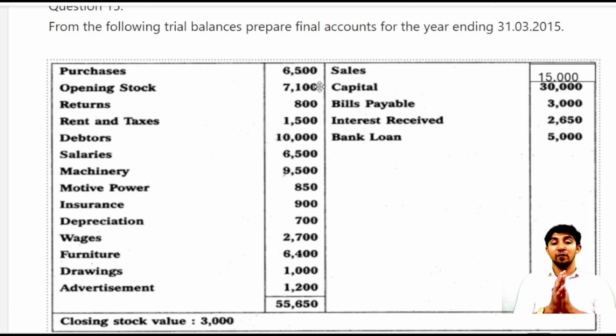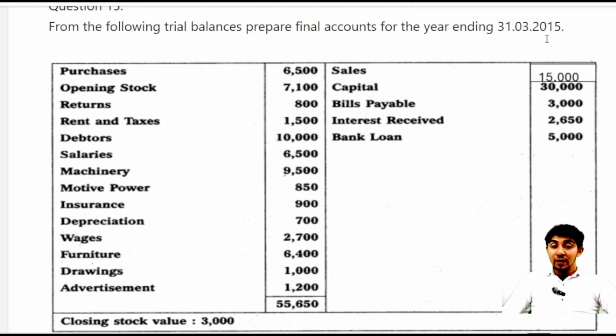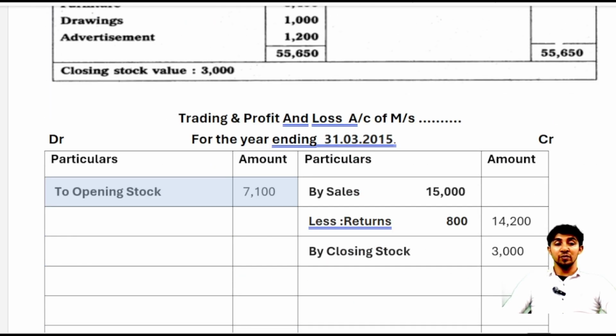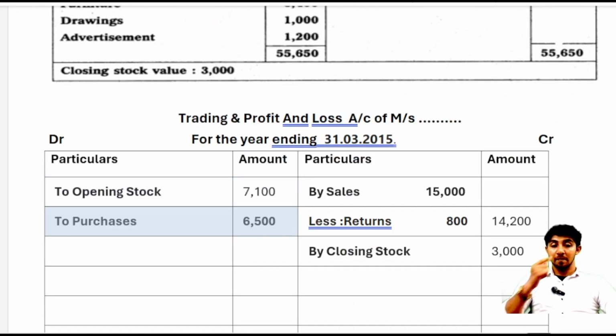Before writing the value of purchases, we'll look for purchase return. That will always appear on the credit side of trial balance. If a return appears on the credit side of trial balance, that is always purchase return. So purchase return is not in the question. Directly we will write the amount of purchases in the outer column, that is 6,500.